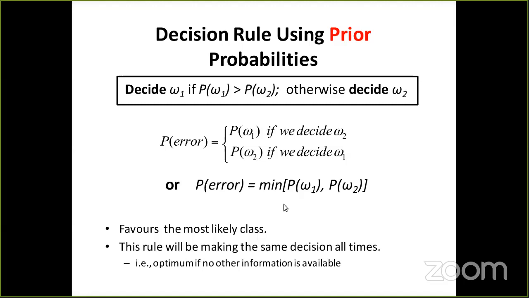No matter what your data is, because you are not making an observation, you are just making a decision based on your prior, you will always choose whichever class has the higher probability. And we can see that p of error can only have two values, p of omega 1 or p of omega 2, based on our decision. If we take a decision using this rule, we get the minimum of those two values. So given no extra information, this is the most optimal decision that we can take.